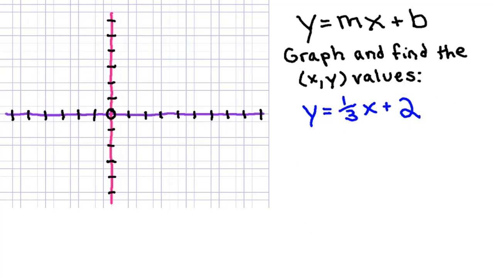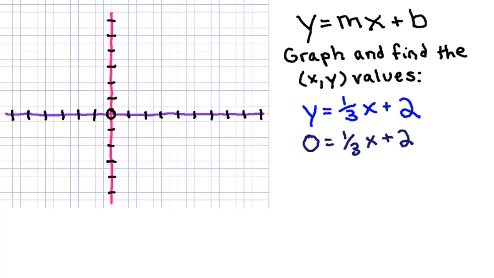Now another way to solve this problem is if we plug in a 0 for the y and then find out what the x is.